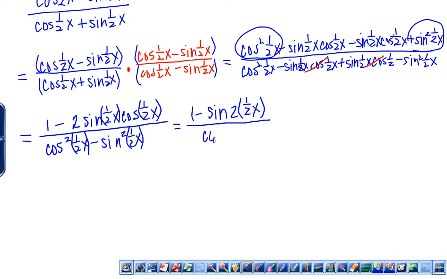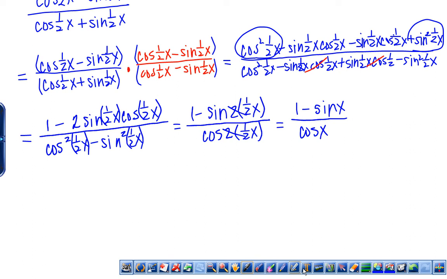That is the same thing as saying cosine of 2x, except my x is a 1/2. So this was a double angle on both of these, except my x is a little bit different. Okay. 2 times 1/2 cancels out to give me 1 on both of these. So I have 1 minus sine x, which is nice, over cosine x.